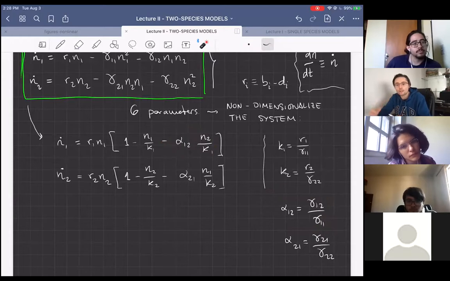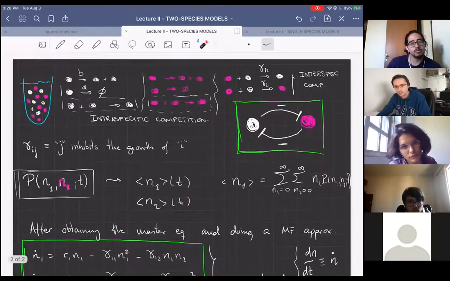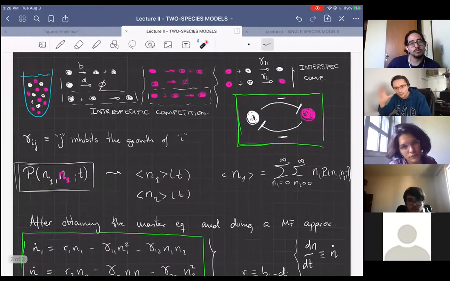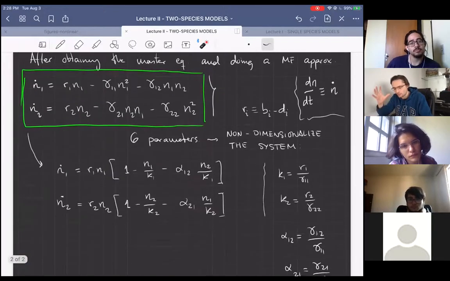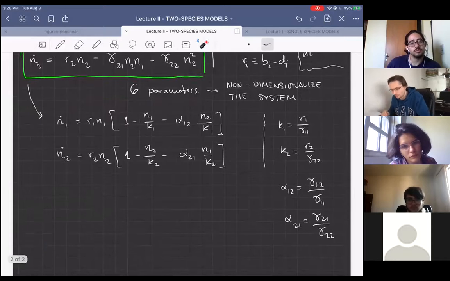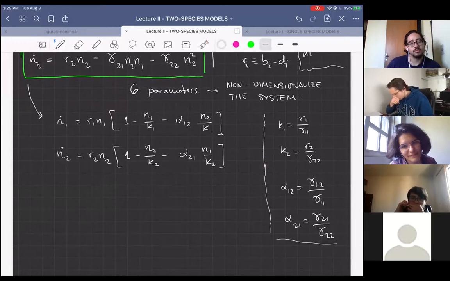So this is a way of rewriting the equation with parameters that have another interpretation, more in terms of carrying capacities and relative interactions between species. At the end of the day, these are mathematical ways of writing this microscopic process, okay? You sit down, think carefully, and you will get to the point. Nothing very, very hard for you guys.